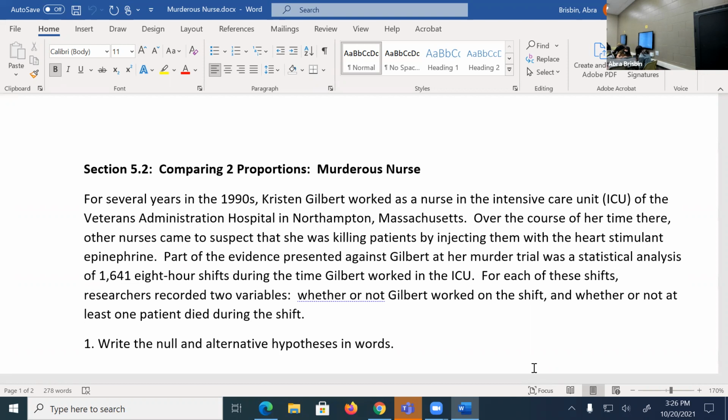Same, there is an association between shifts worked and more deaths.